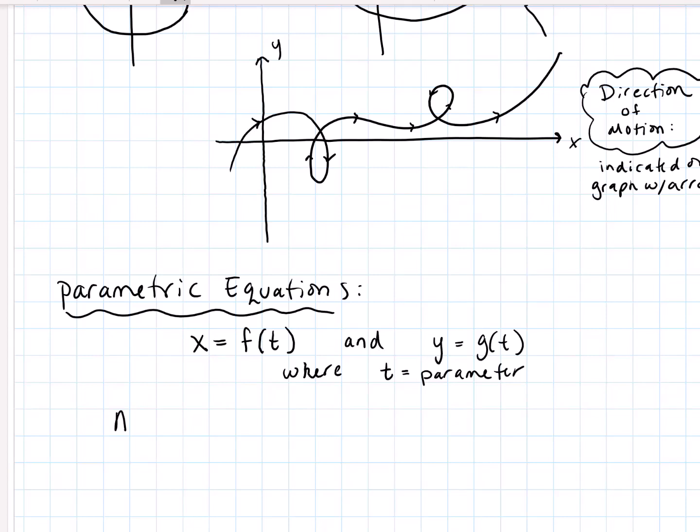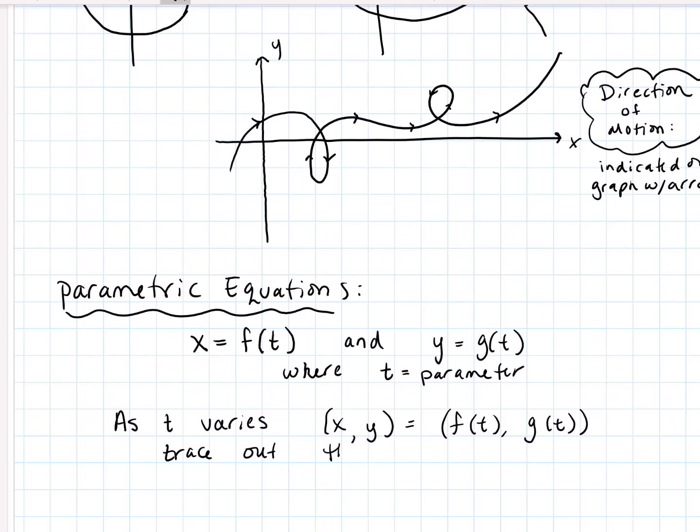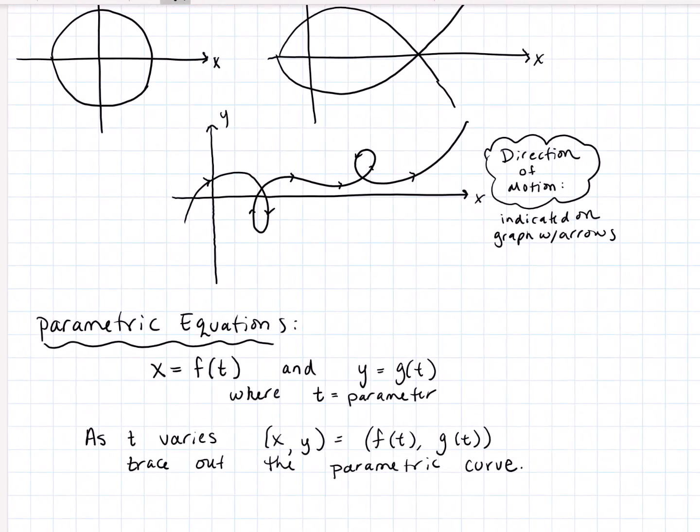And as t varies, the ordered pairs x, y, which are themselves functions of the parameter, so f of t and g of t, trace out what is called the parametric curve. For instance, in this particular graph, once we have a parameter, we get what is called the direction of motion.